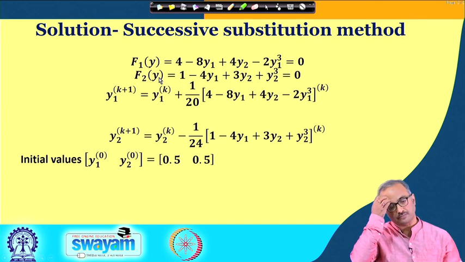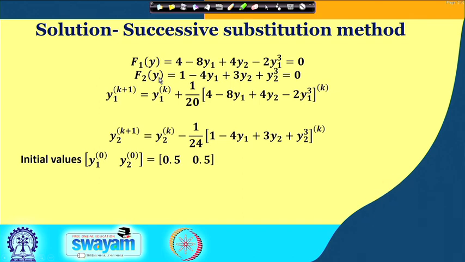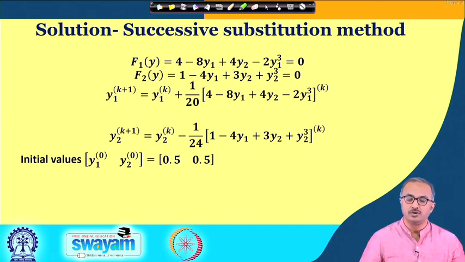Now, we can use any of these two equations to generate an appropriate expression for y1 and y2. Here I have shown one way of finding it out, you can have your other way. Here we are taking from this particular equation the value of y1, and from this equation the value of y2.